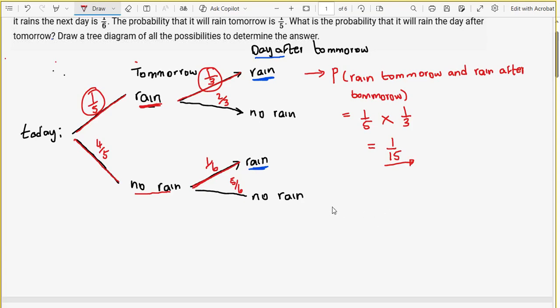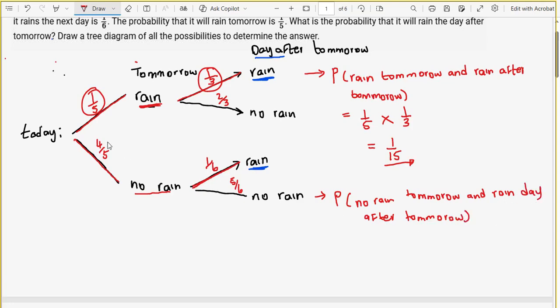We need to find the other one, which will be the one on bottom. No rain. Do you have a question? No. Okay. So the one on bottom will be the probability that there is no rain tomorrow, and there's rain the day after tomorrow.